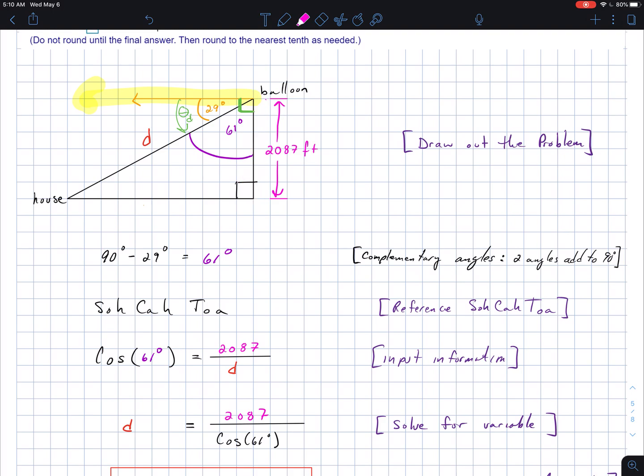Why? Because this would be the opposite. That's the hypotenuse still, and the adjacent would be right there.